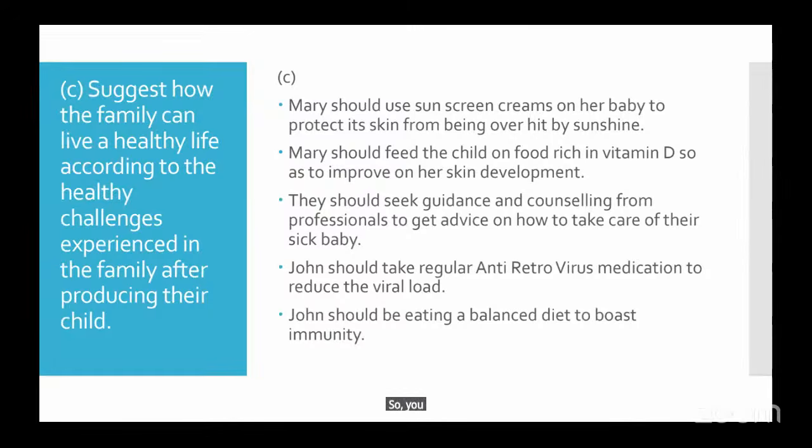So you can take a screenshot on how to advise on the challenges they are facing.